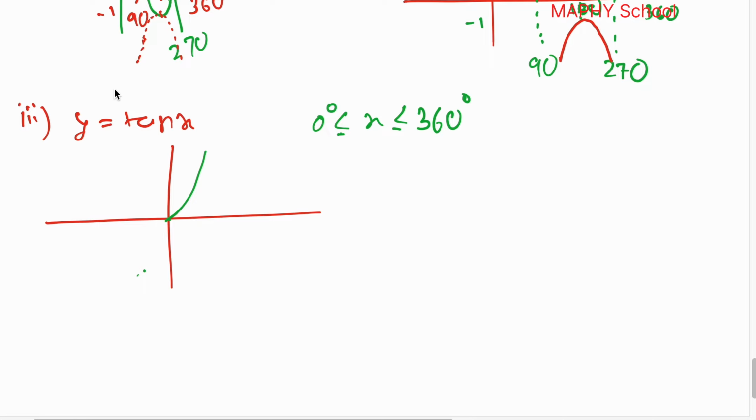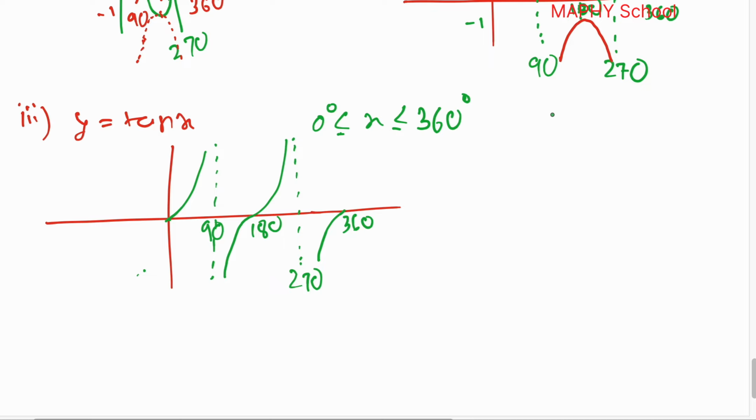Then there will be an asymptote at 90, then another asymptote at 270, and this would be 180, and this will be 360.